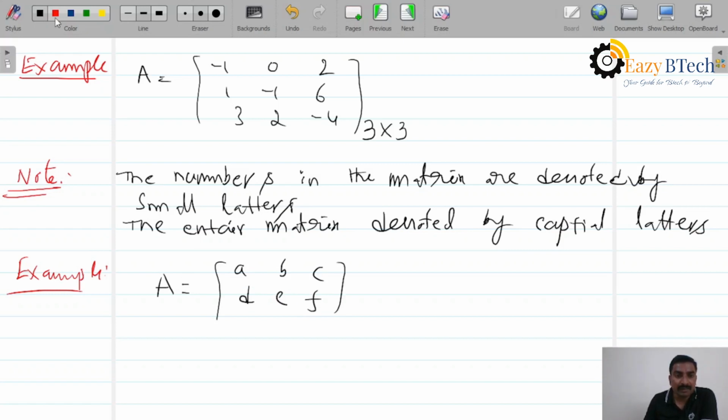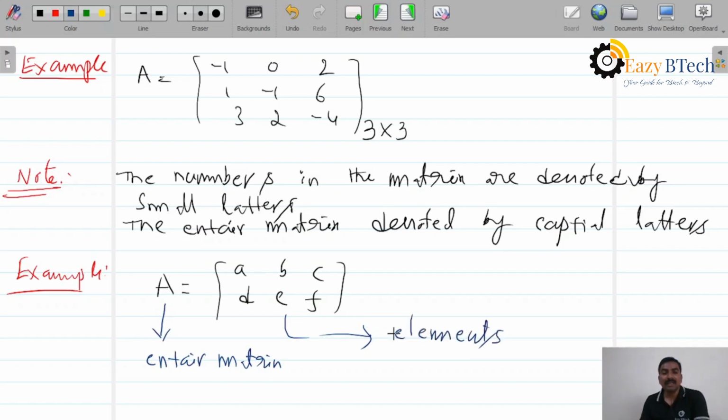In this example, capital A denotes the entire matrix. Here a, b, c, d, e, f are small letters and they denote the elements.